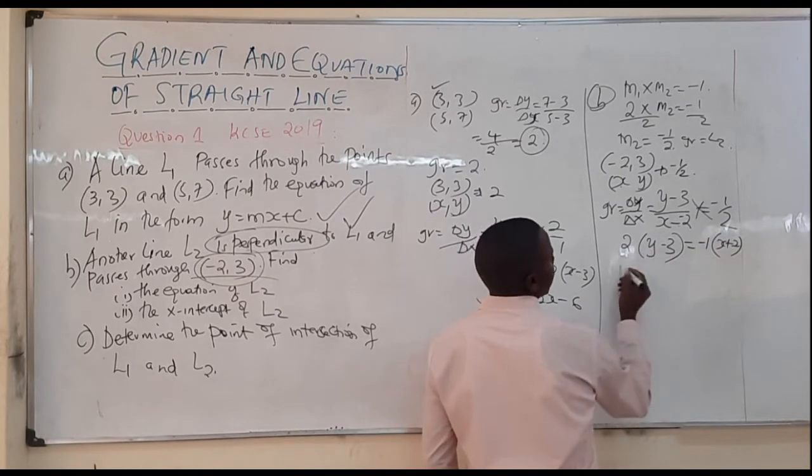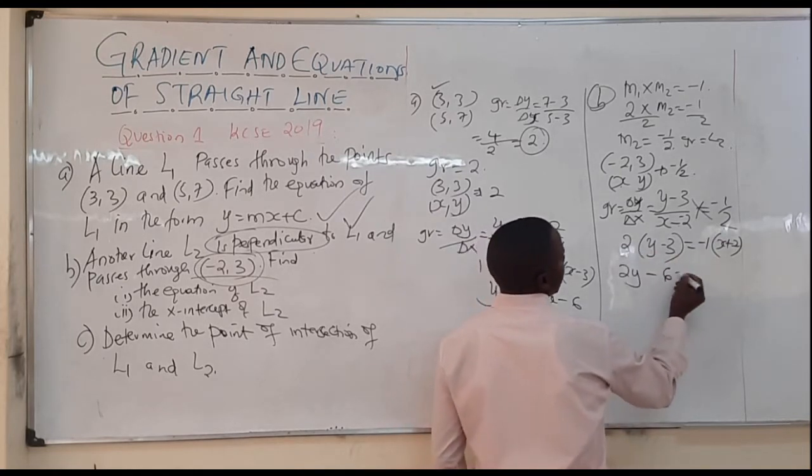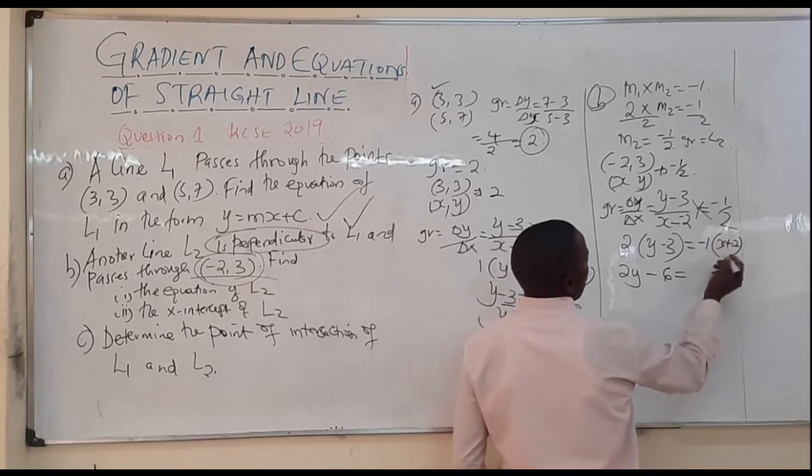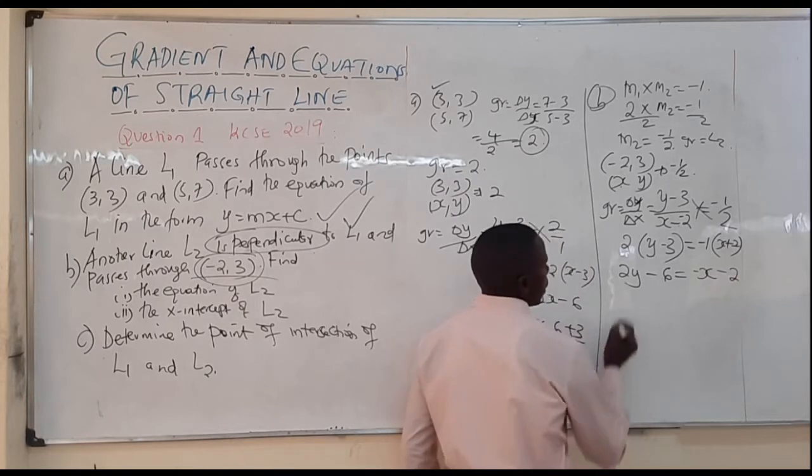So 2 times y is 2y, 2 times -3 is -6, equal to -x - 2.